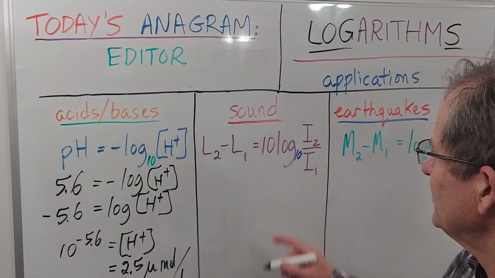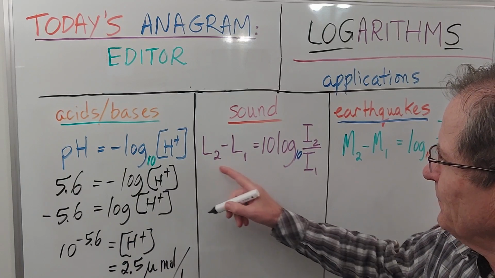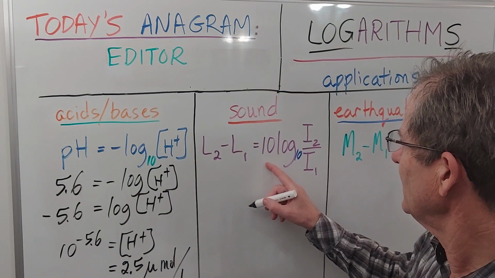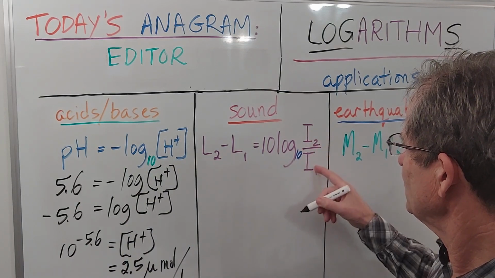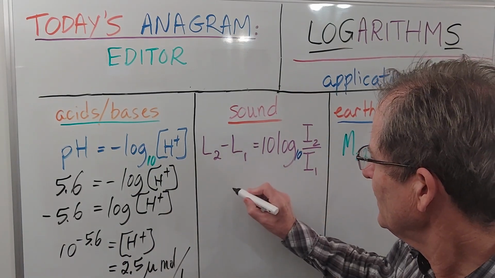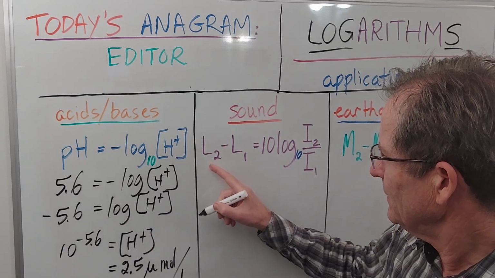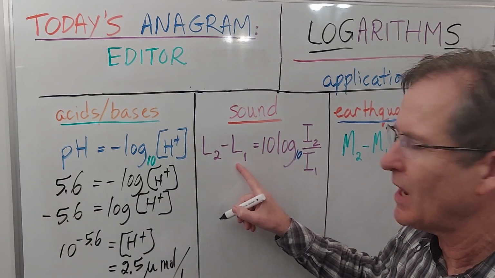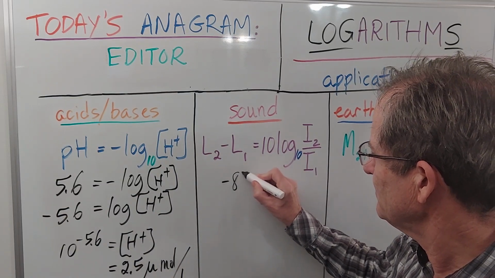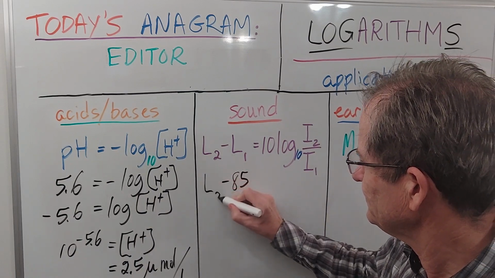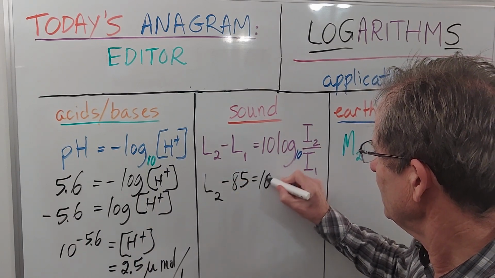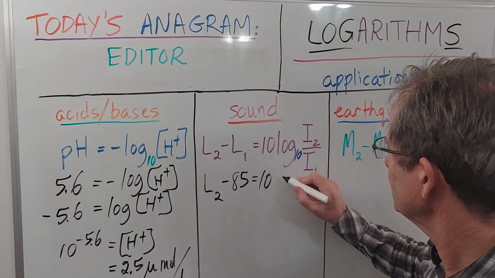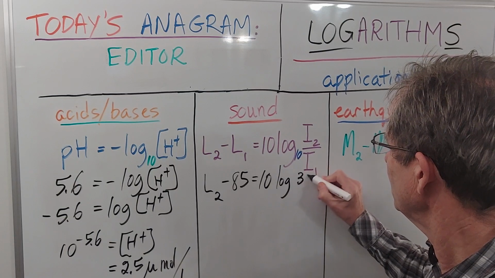Okay, let's move on to sound. The difference in two sound levels in decibels is 10 times the log of the ratio of their intensities. So let's say we're comparing the loudness of a chainsaw to the loudness of average traffic, which is about 85 decibels. And the ratio of their intensity is about 300, so that's the log of 300.